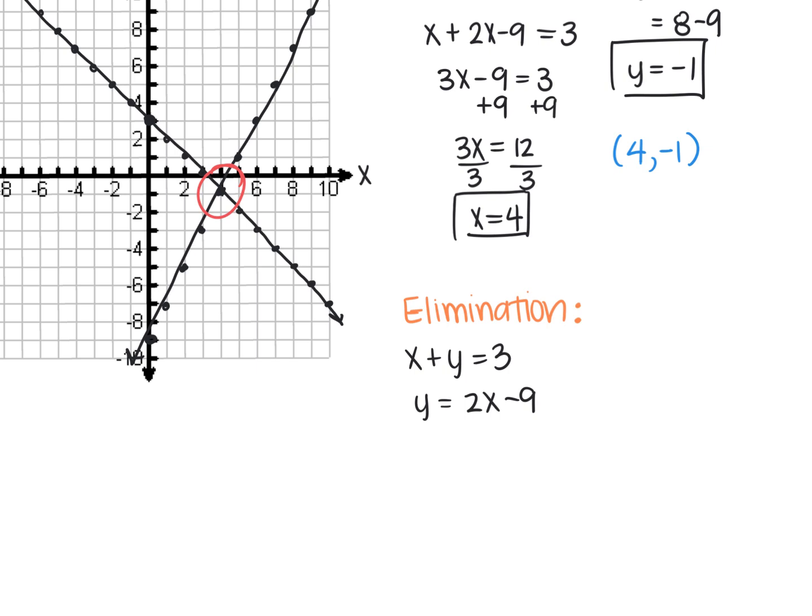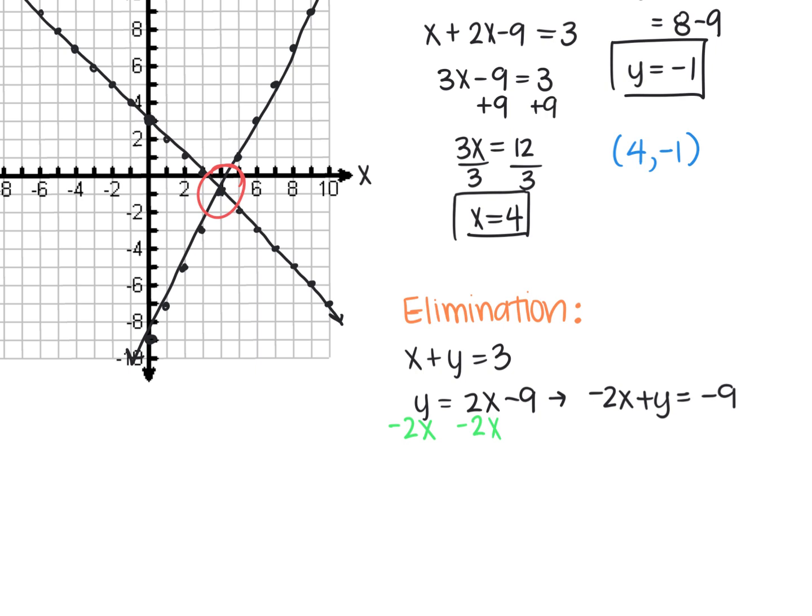My first equation is already in that form, x plus y equals 3. My second equation is not, which means I need to move my 2x to the other side. So I'm going to subtract 2x from both sides, and that gives me the equation -2x plus y equals -9.